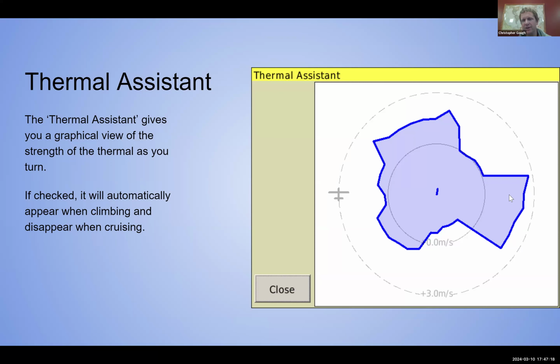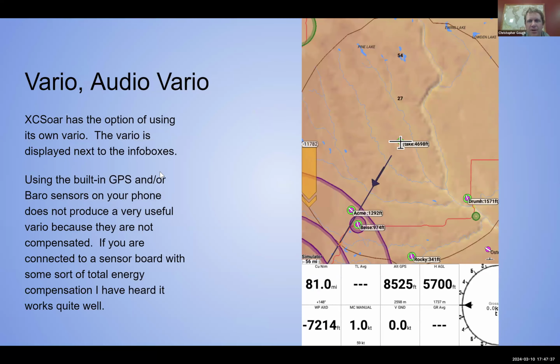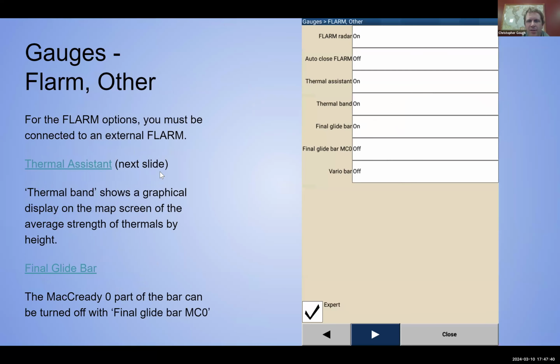So it gives you kind of a 2D view of the thermal from above and where the strongest parts are. In this one you've got a really strong part, and then it dies off as you come through 270 degrees from where you are. It's something you have to practice using, because it is a little bit odd. This screen also has where you can turn the final glide McCready 0 off. You can also turn the final glide bar off, but I think you want to have that on most of the time.